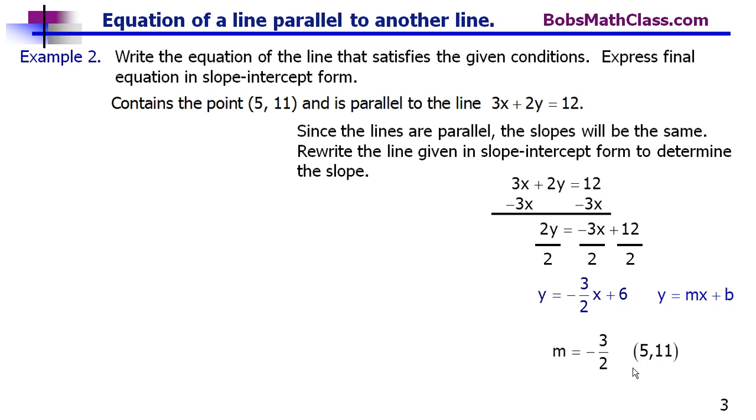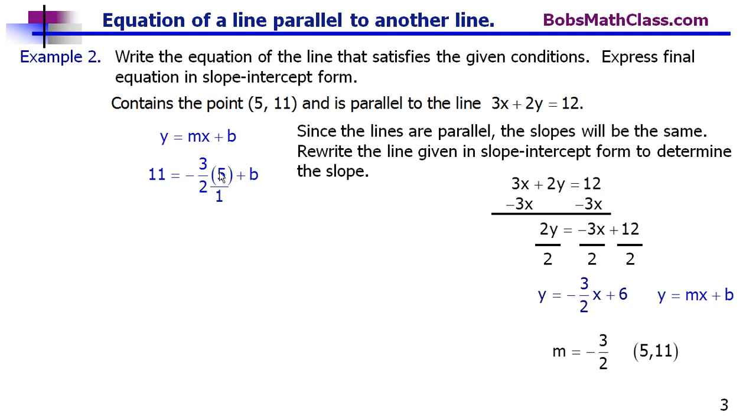Now we could go ahead and find b. We're going to use the slope-intercept form of a line, y equals mx plus b. And again, the 5 is our x, the 11 is our y, the negative 3/2 is your m, and our goal is to solve for b. So putting in those numbers, remember if you have a whole number, negative 3/2 times 5, that's really like 5 over 1.